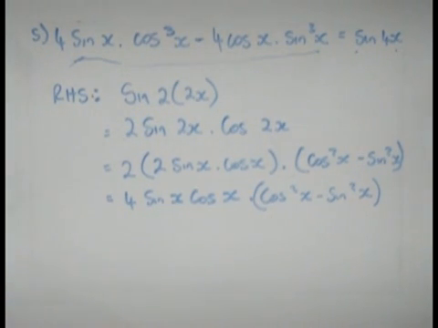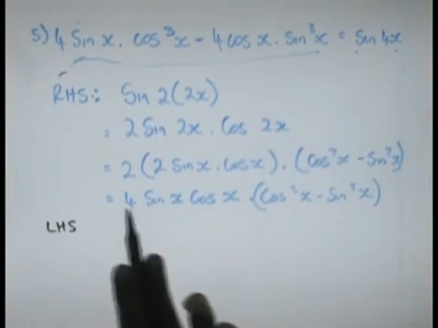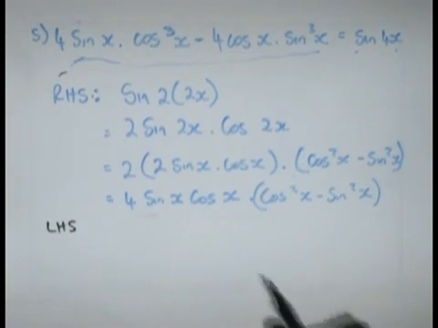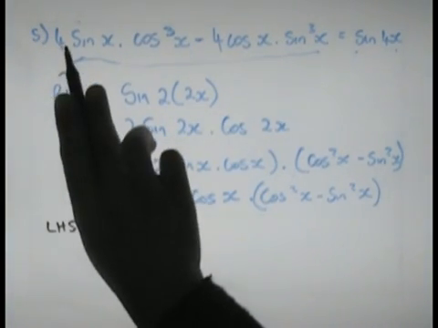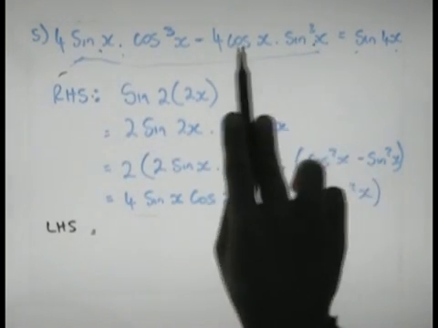Now, let us look at the left hand side. Remember, now we are working with the left hand side, but we are trying to bring it to this. From the left hand side, can't I take out a common factor of 4 sine x cos x?